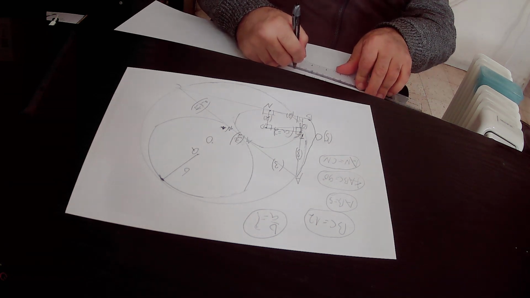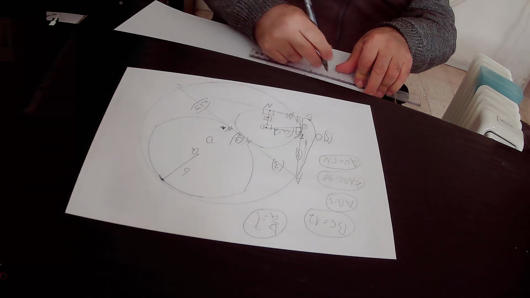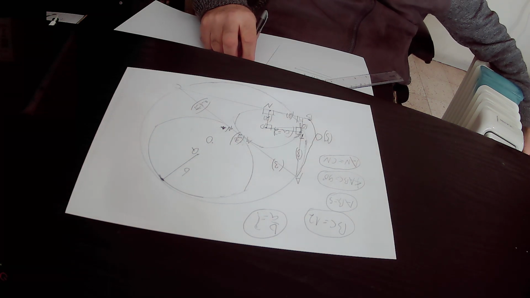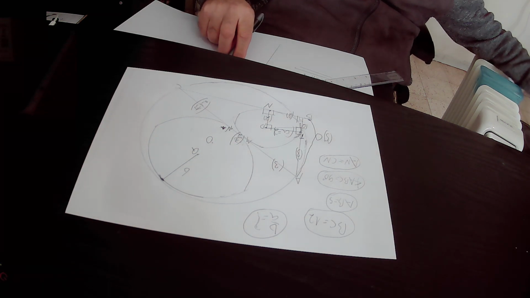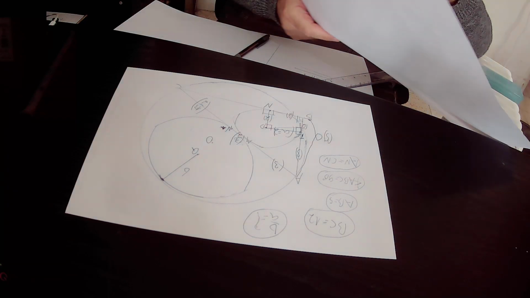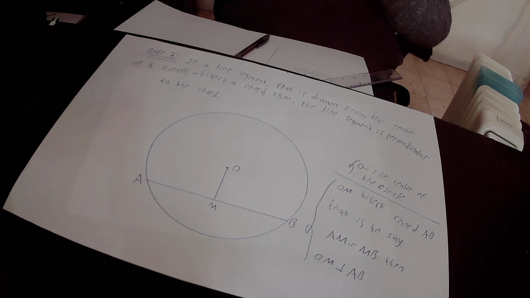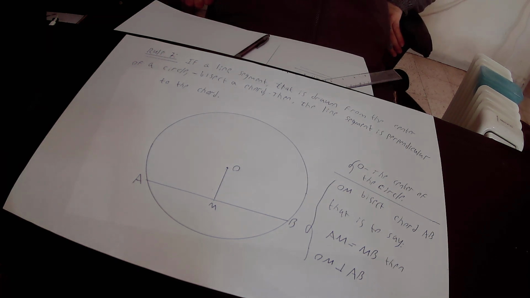According to rule number 7, if the line segment that is drawn from the center of a circle bisects the chord, then the line segment is also perpendicular to the chord.